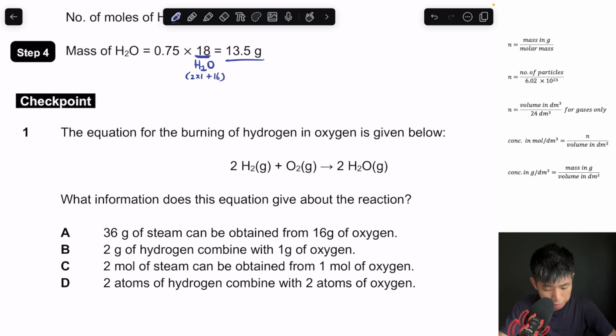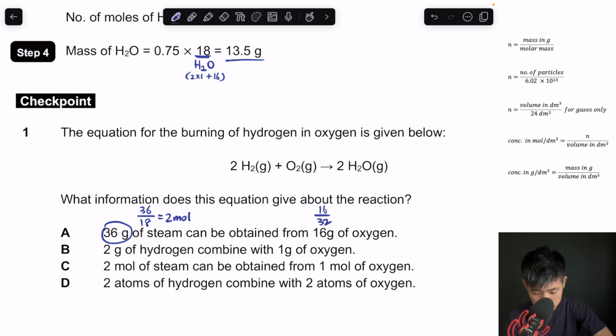36 grams of steam can be obtained from 16 grams of oxygen. Over here, we cannot just compare masses like this, right? So what you need to do is to go and calculate how many moles is this? 36 gram. Okay, so you do your mass over your MR. So this is 2 mole. Okay, 16 gram of oxygen, in other words, would be 16 over 32.